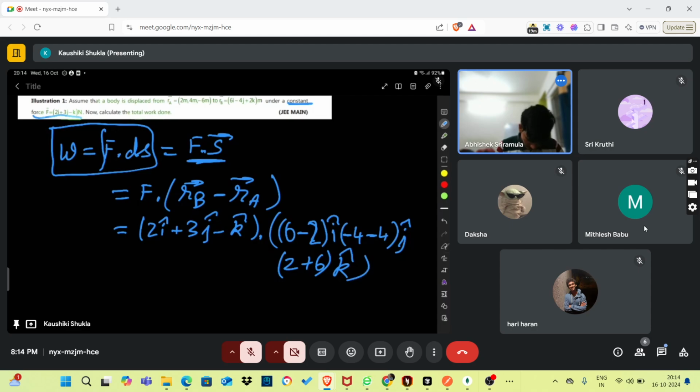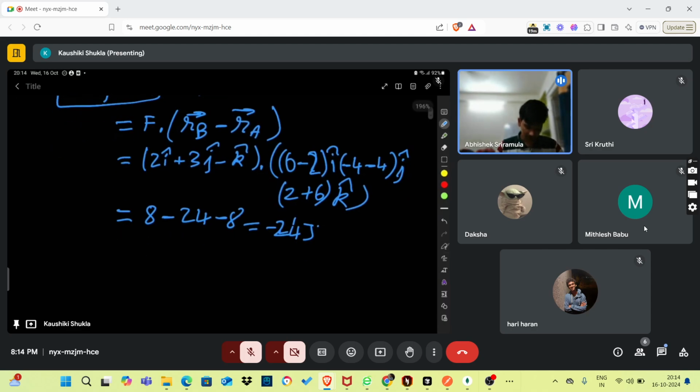Okay, so if we take the dot product, this will be 8, and this will be minus 24, and this will be minus 8. So it is minus 24 joules. All right, it is minus 24 joules.